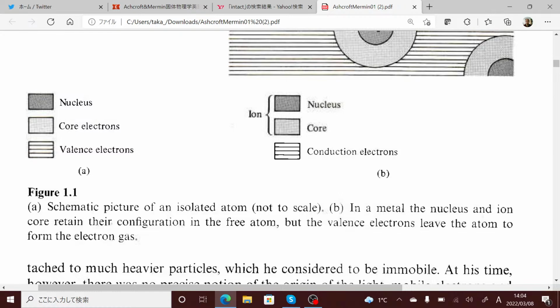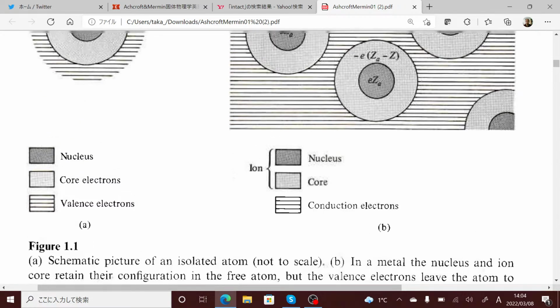In a metal, the nucleus and ion core retain their configuration in the free atom, but the valence electrons leave the atom to form the electron gas.